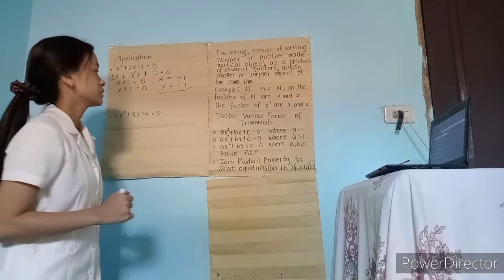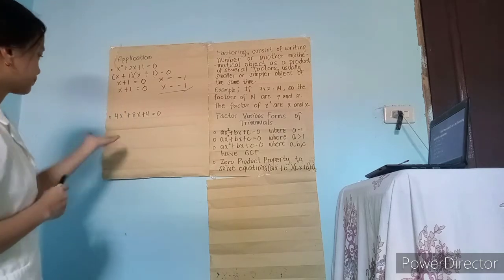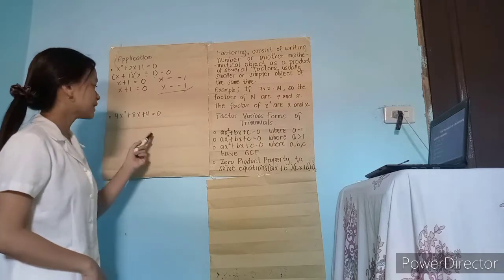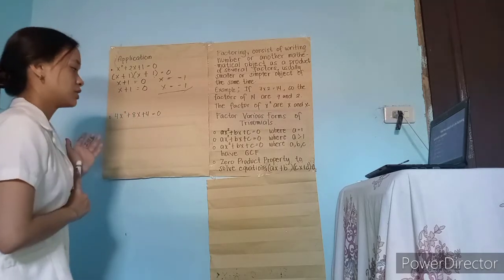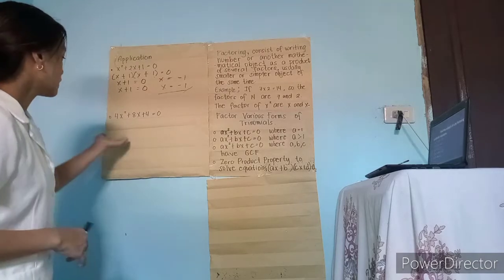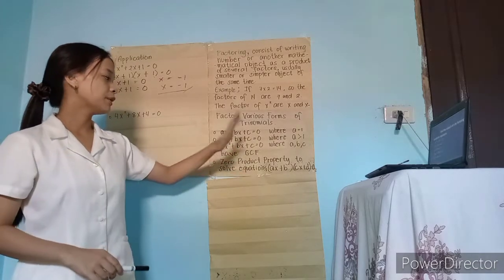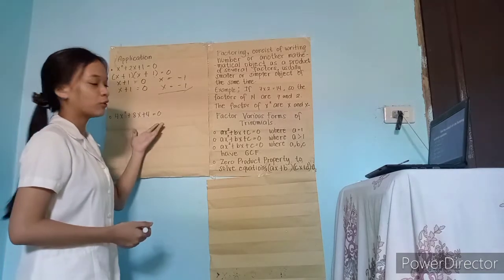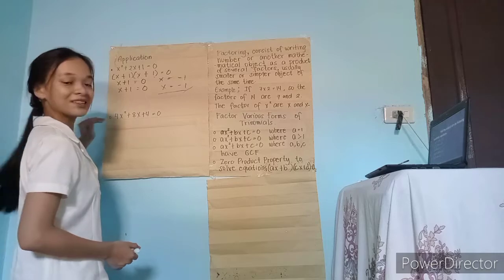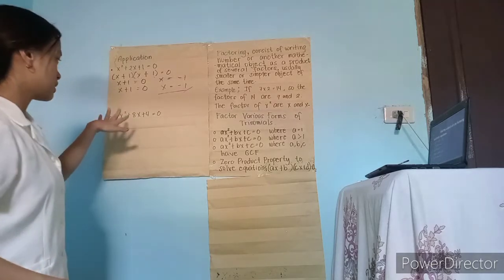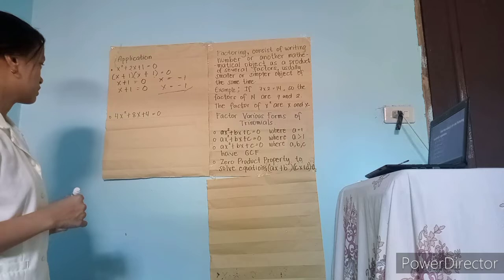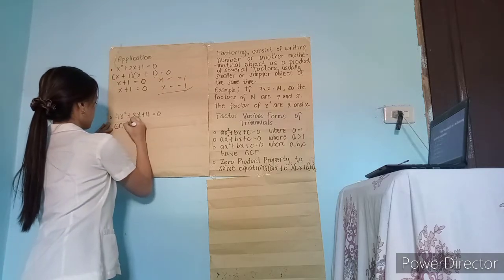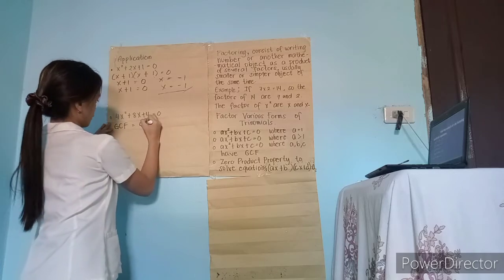Okay, let's have another example. Here we have 4x squared plus 8x plus 4 is equal to 0. This is an example where a, b, c have a GCF. We need to find the greatest common factor of these. The GCF is 4, right?